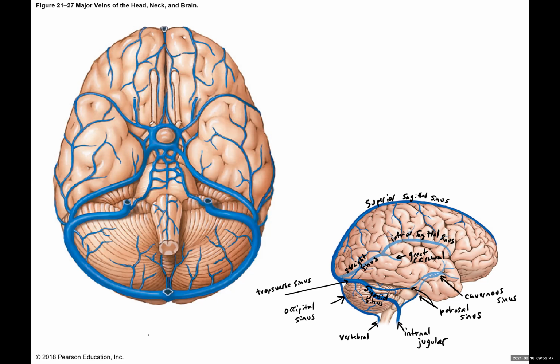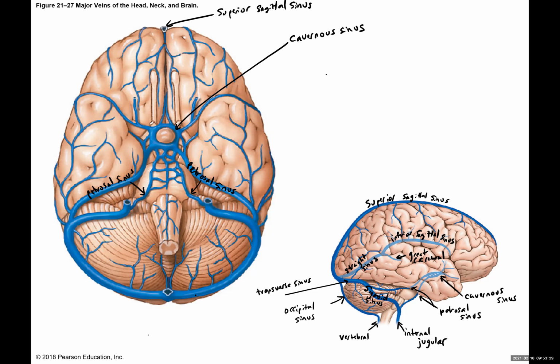Taking a look here at this posterior view, we can see the superior sagittal sinus, which has been cut. We can see right here the cavernous sinus. We can see in these vessels here the petrosal sinus, as well as right there, petrosal sinus, and here too.